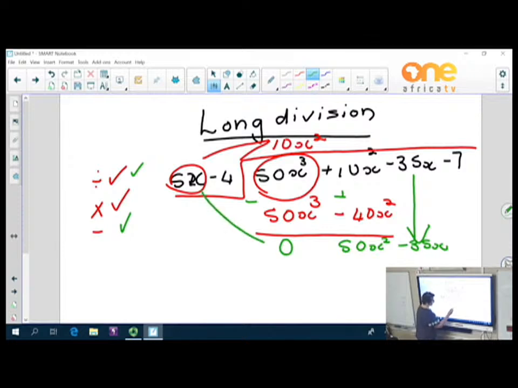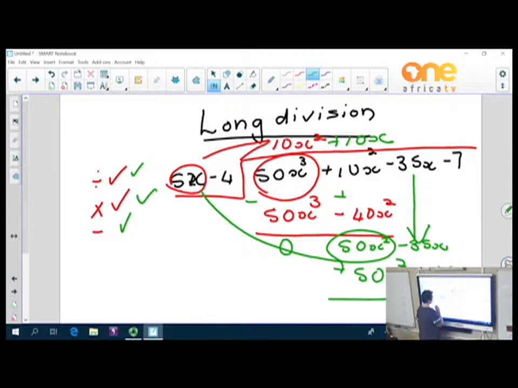How many times will this one divide into that first one there? It will be negative 10x. Multiply, then you have negative 50x squared. Now it will be positive 50x squared. And then multiply here will be negative 40x.